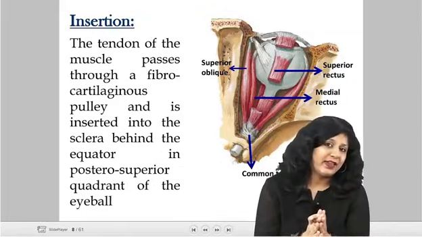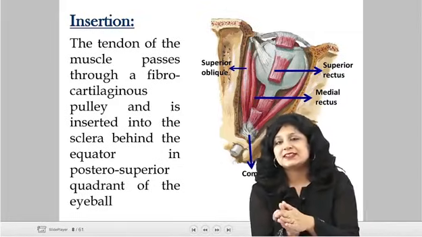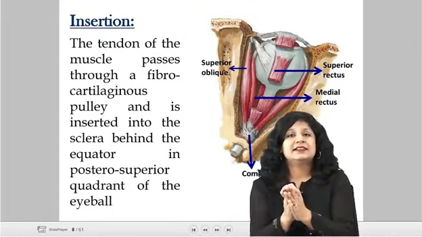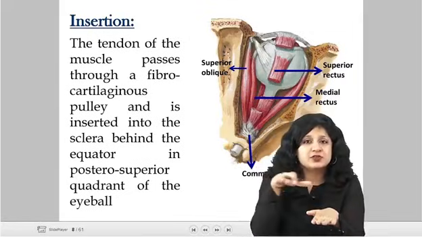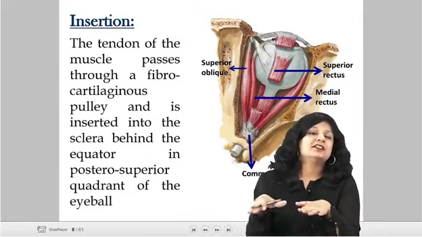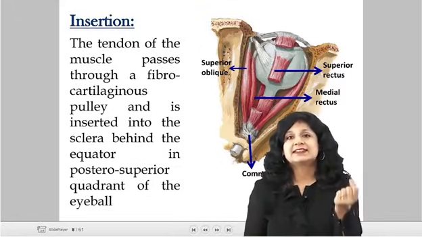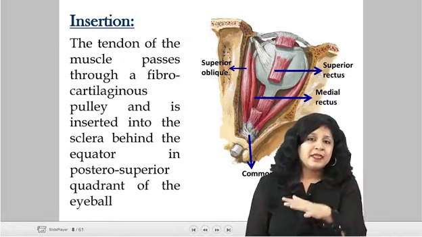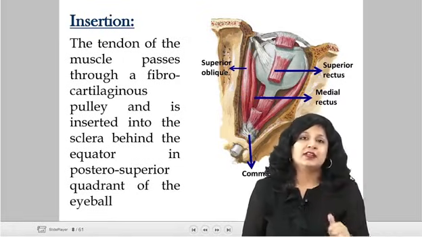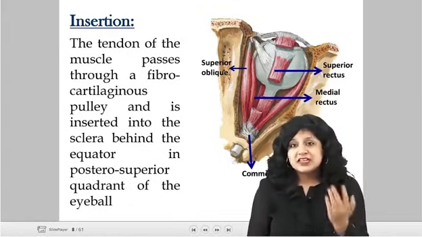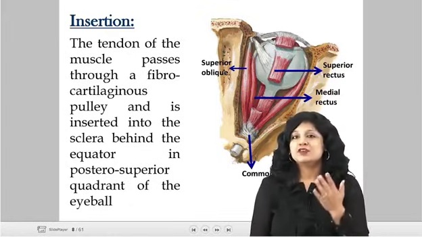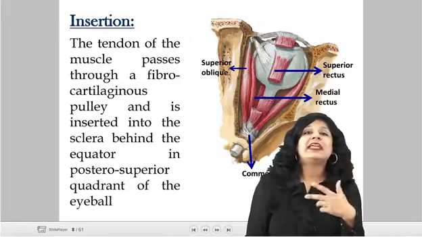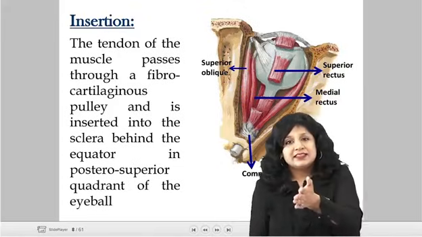Now another important thing about the medial rectus and the lateral rectus. The medial rectus and the lateral rectus muscles are just inserted in the horizontal plane. So these are the muscles which are not going to show the secondary actions and the tertiary actions. The reason being that they have an angle of 0 degrees. If you have an angle of 0 degrees, obviously you cannot expect these muscles to pull the eyeball in any other direction other than their own direction.